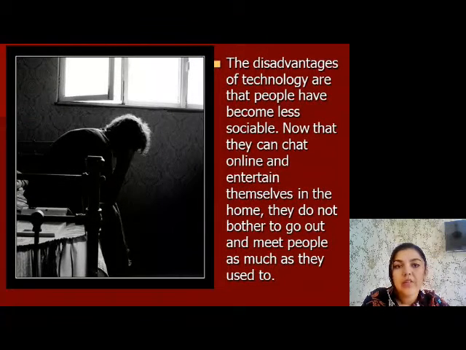The disadvantages of technology are that people have become less sociable. Do you agree with this? Now that they can chat online and entertain themselves in the home, they do not bother to go out and meet people as much as they used to. For example, people nowadays are becoming less sociable.